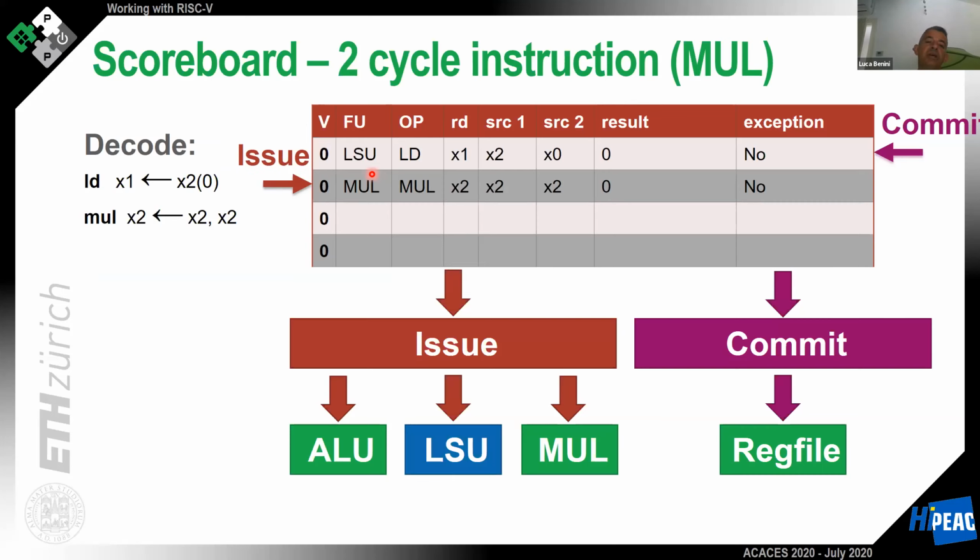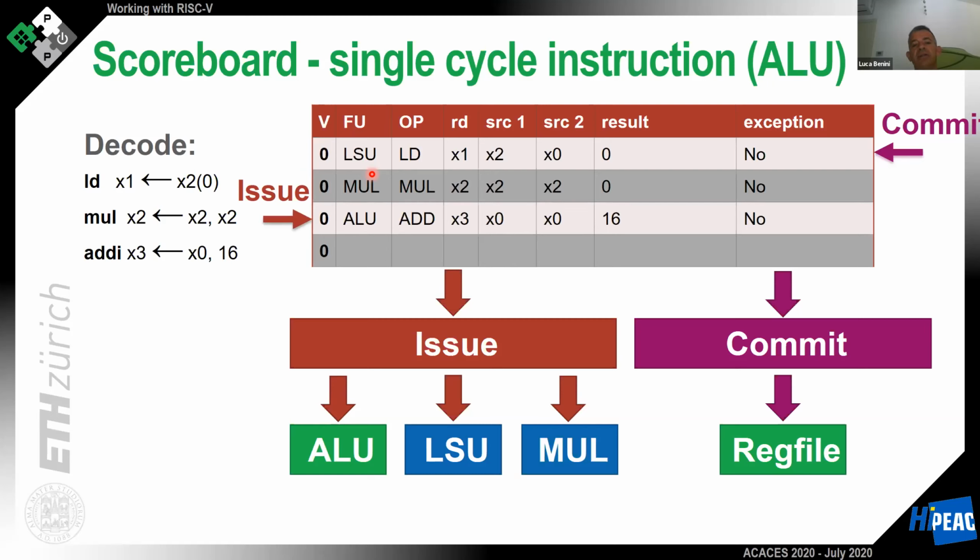So you see that you can send several instructions into execution. Here we have, for example, 2 instructions. One is using the load store unit, the other is using the multiplier unit, and they are both in execution. And you can move along this direction as long as you have enough functional units available.